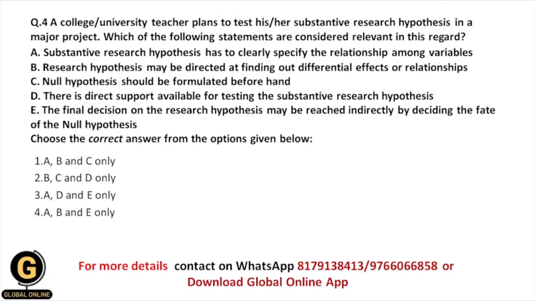A college or university teacher plans to test his or her substantive research hypothesis in a major project. Which of the following statements are considered relevant in this regard? So the teacher is planning to test the substantive research hypothesis, and research hypothesis means alternative hypothesis.